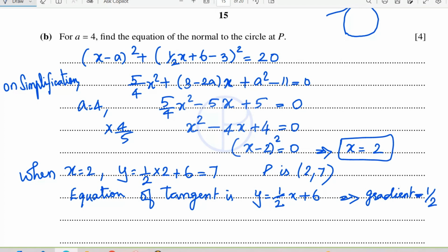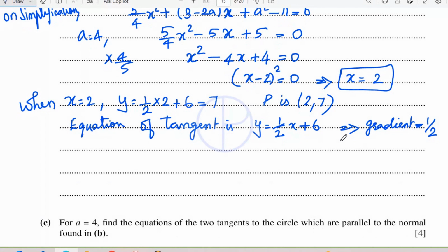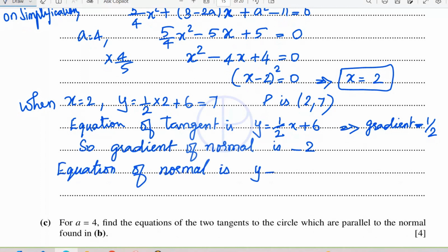This is the gradient of the tangent. So the gradient of the normal will be negative 2. Now the equation of the normal is y minus y1, which is 7, equal to negative 2 multiplied by (x minus 2). We can write this as y is equal to minus 2x plus 4 plus 7, which is 11.